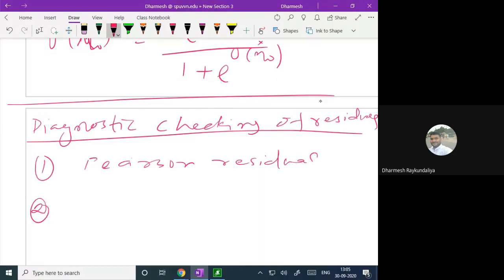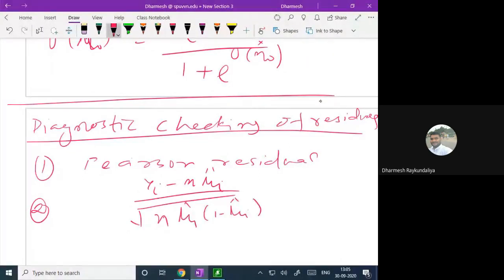The Pearson residual is nothing but y_i minus n_i times mu_i cap, divided by the square root of n_i times mu_i cap times 1 minus mu_i cap. Second is the deviance residual.